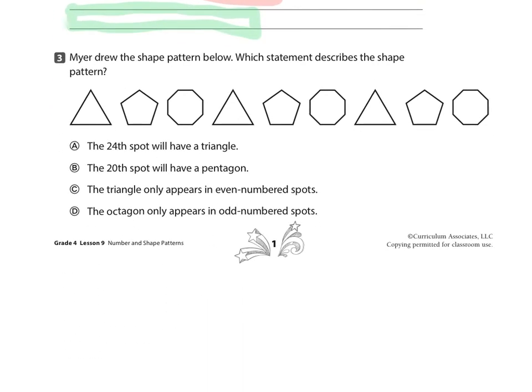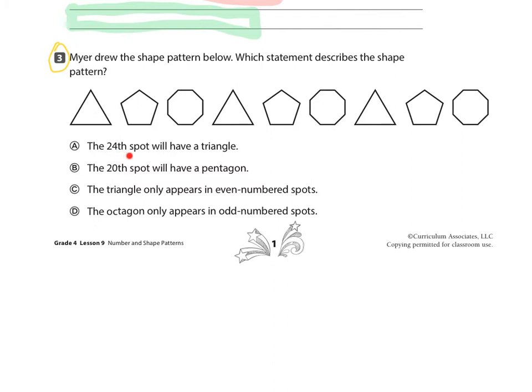Number 3 says, Meyer drew the shape pattern below. Which statement describes the shape pattern? So one of these will be correct. Okay, so look at the pattern. Look at how it goes. All right, so notice the different shapes.